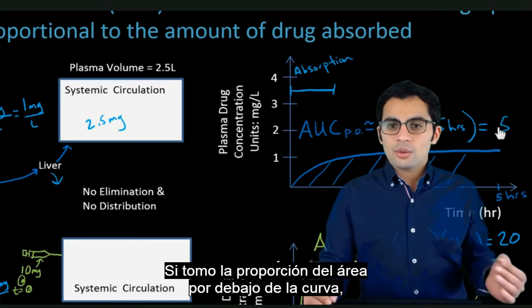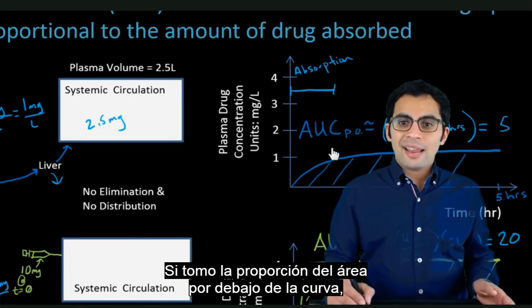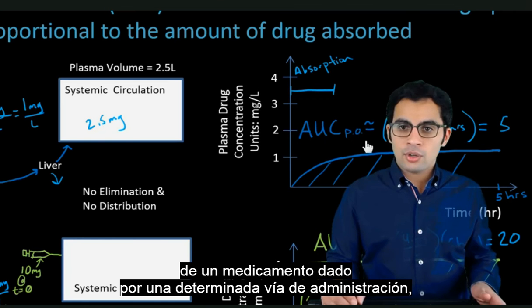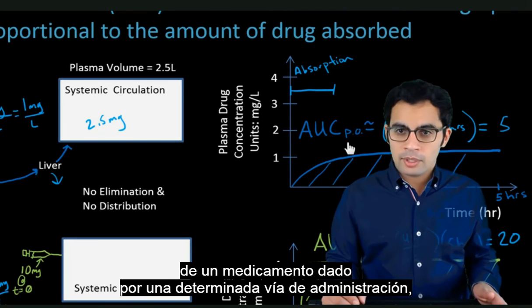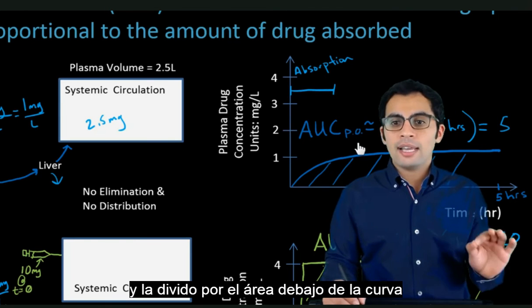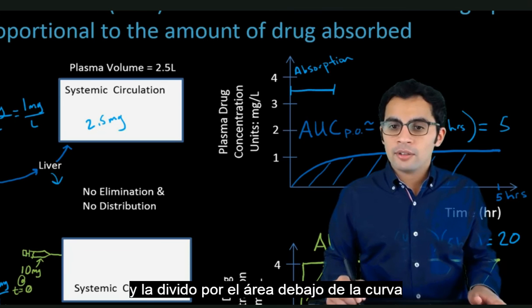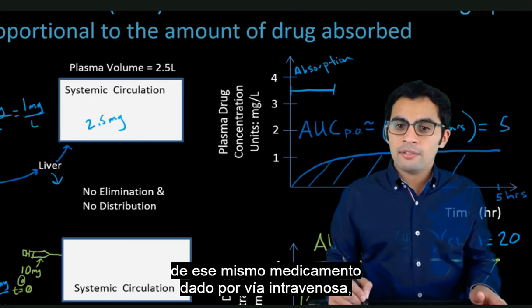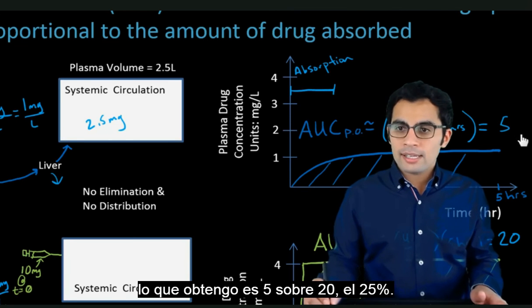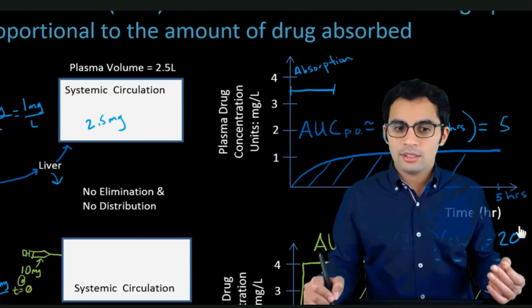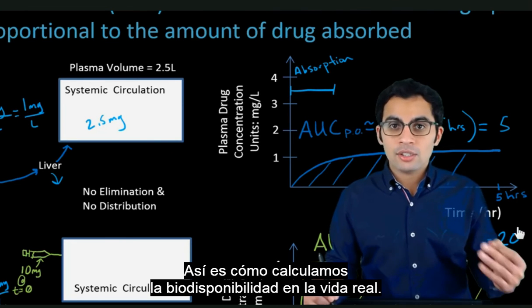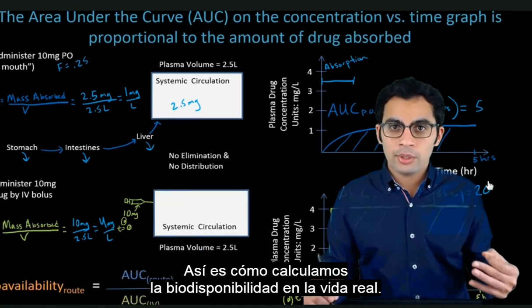So if I took the ratio of the area underneath the curve of a drug given by a particular route of administration, and I divide that by the area underneath the curve of that same drug given IV, what I get is 5 over 20, which is 25%. So this is how we actually solve for bioavailability in real life.